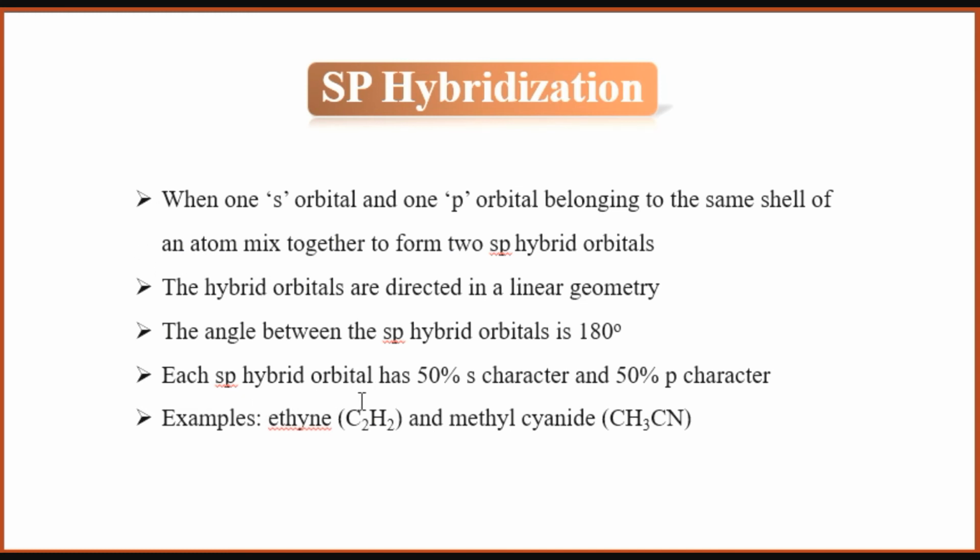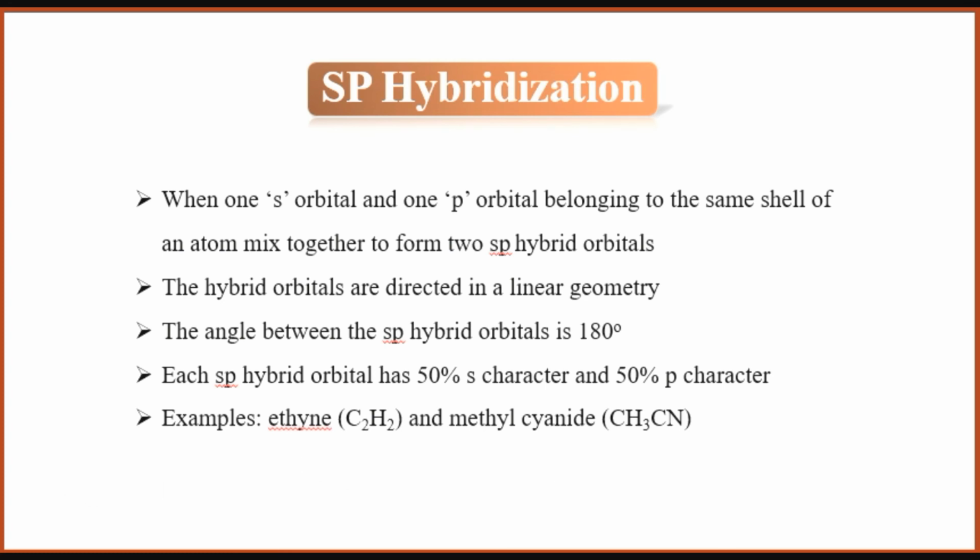And every sp hybrid orbital would have 50% s character and 50% p character because there are only 2 orbitals over here, that is 1s and 1p. So both of these orbitals would participate equally in the 50% each. And the different compounds that undergo the sp hybridization are ethyne and methyl nitrile or methyl cyanide.